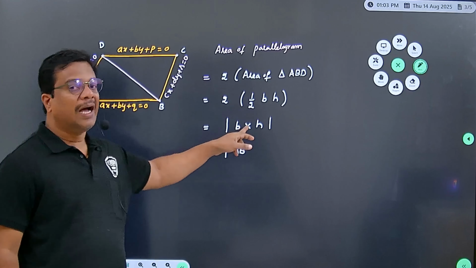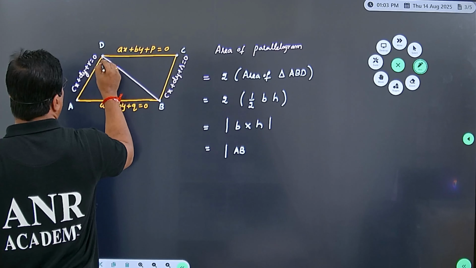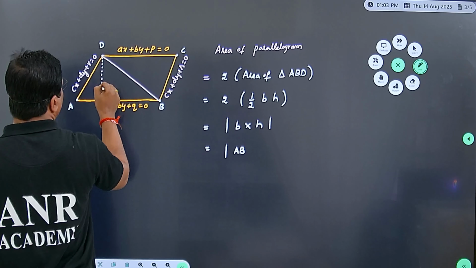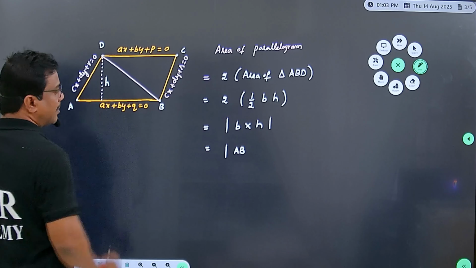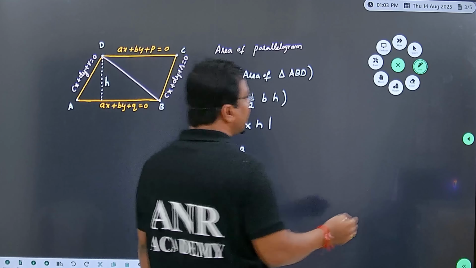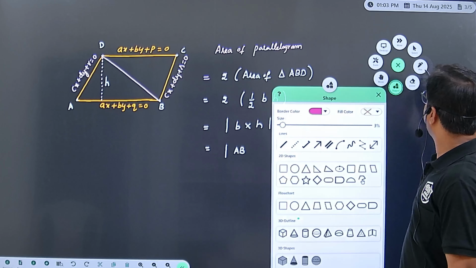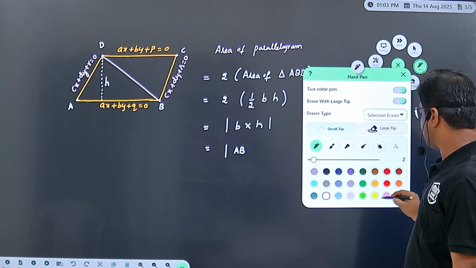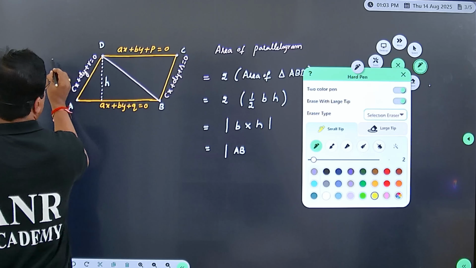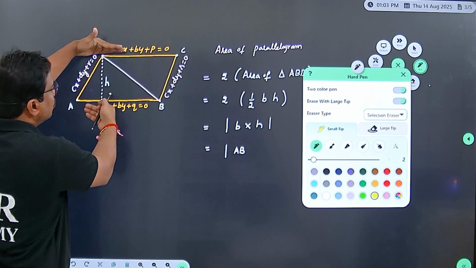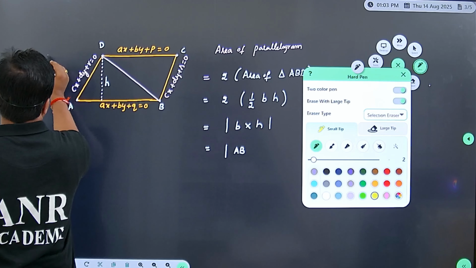Next, the height of the triangle. If you drop a perpendicular from point D to the opposite side AB, this is known as the height. And if you observe the figure, this height is clearly the distance between these two parallel lines. I am going to extend the line ax plus by plus p equal to 0.